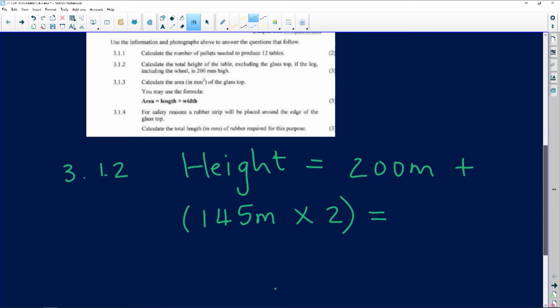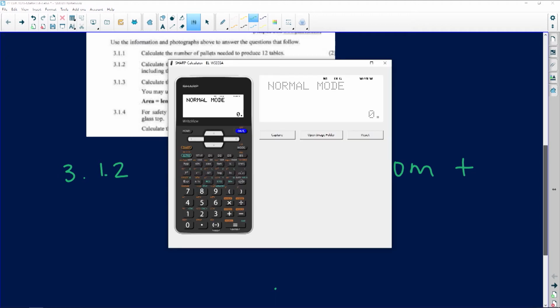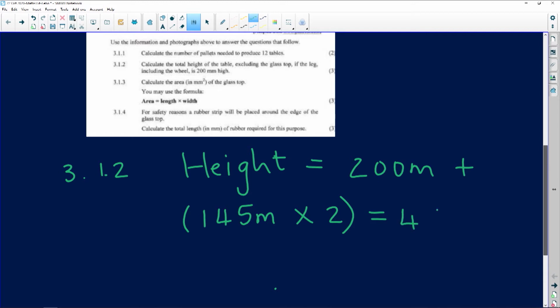It's 200 millimeters, and everything is in millimeters, so I didn't need to struggle in terms of that. Then 145 times 2 pallets. So that's 490 millimeters. So we've got now the height of the table, where we have added the 2 pallets, and then we've added that bottom part.